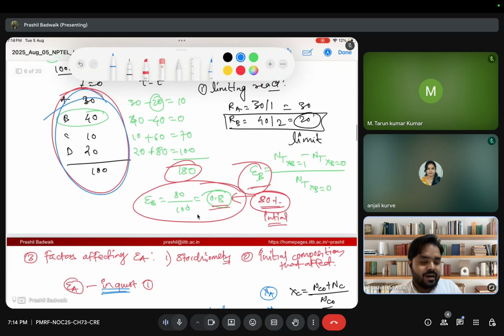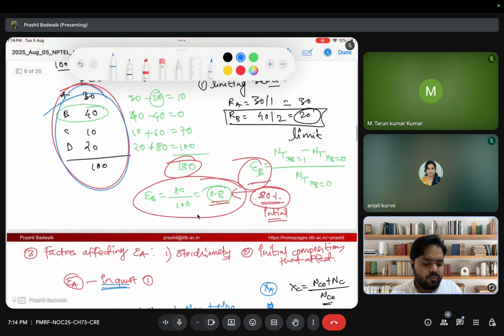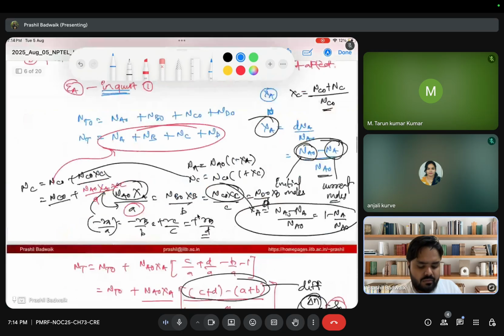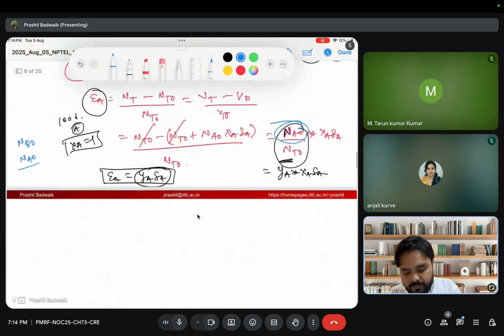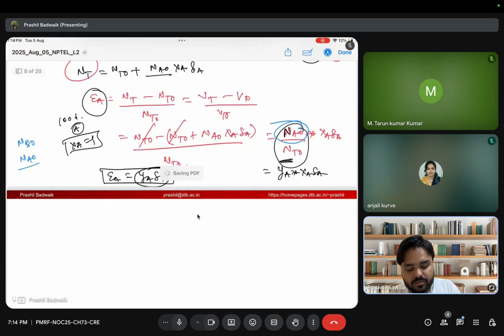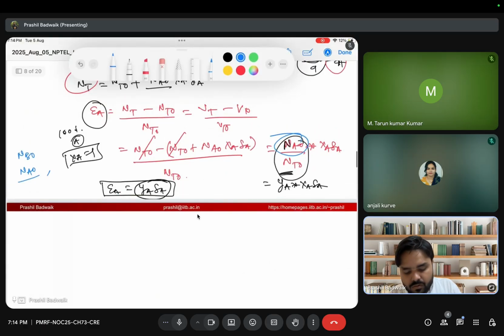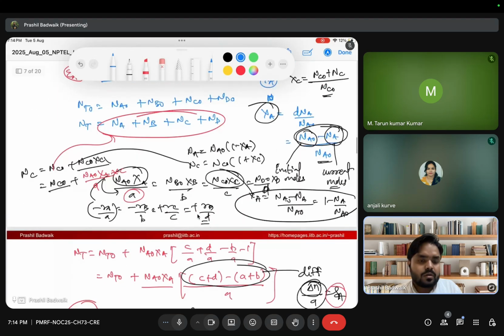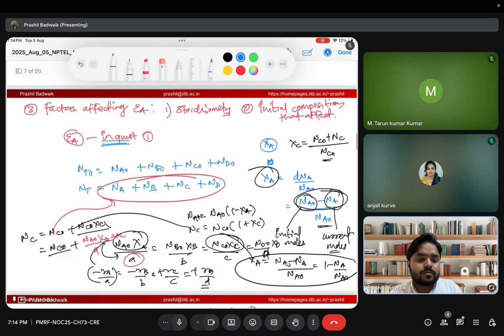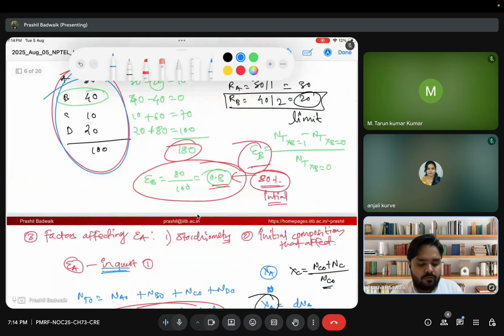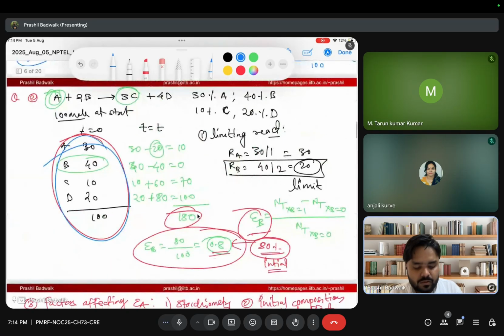You just divide by the total number of moles and then multiply by delta n by a, that is this, correct?